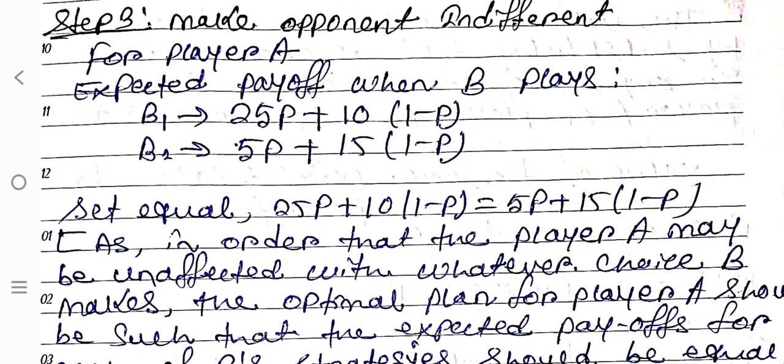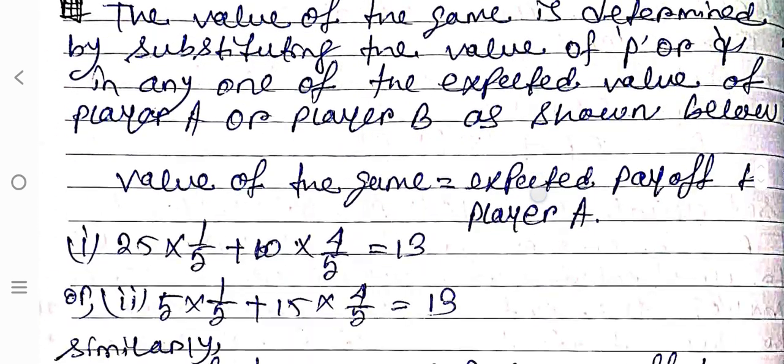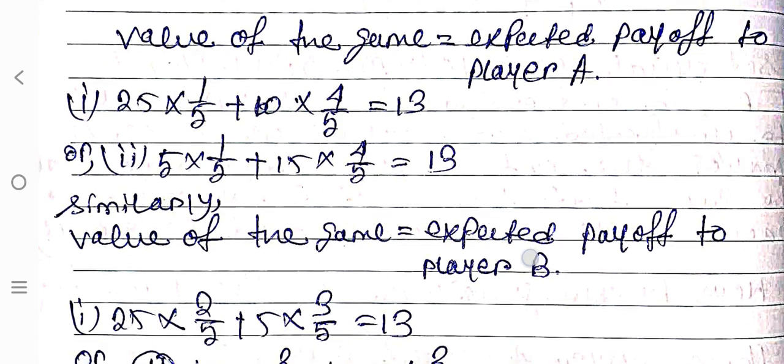Just put in the values of p and 1 minus p, and our result is 13 and 13.